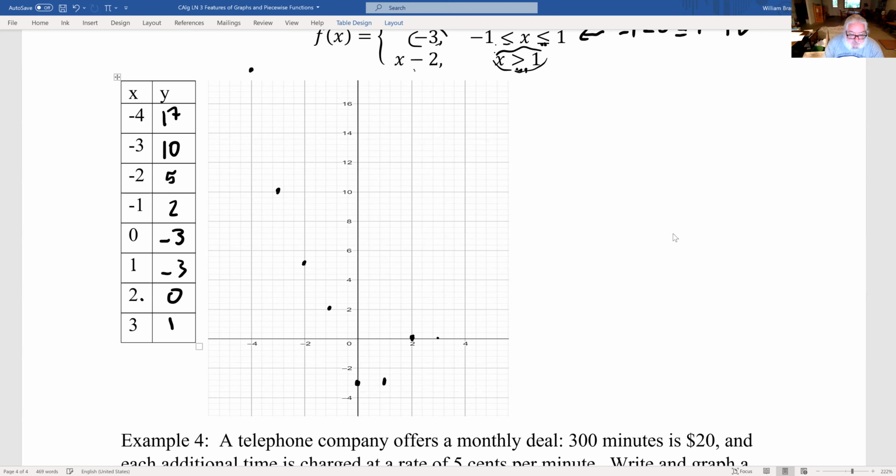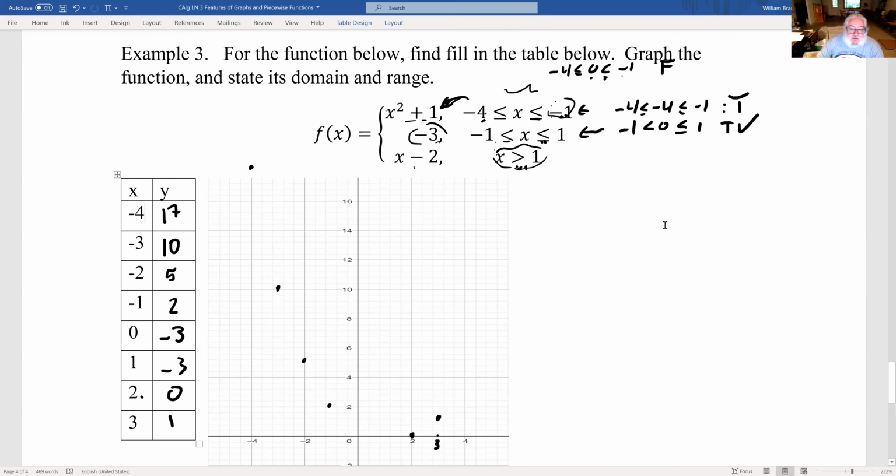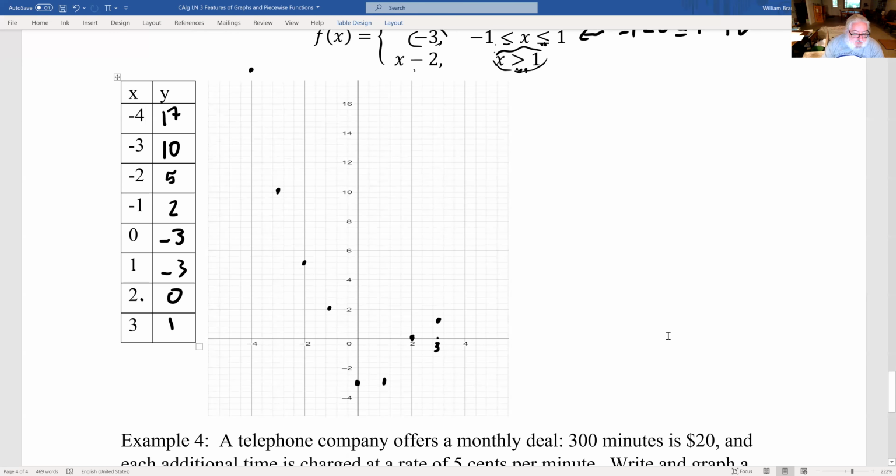And now we have to be careful about how we put these things together. So we use the same formula for x's between minus 4 and minus 1. So x's from minus 4 to minus 1 means x's from here to here.